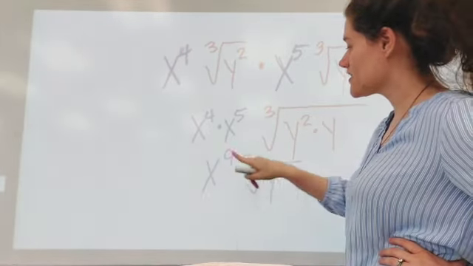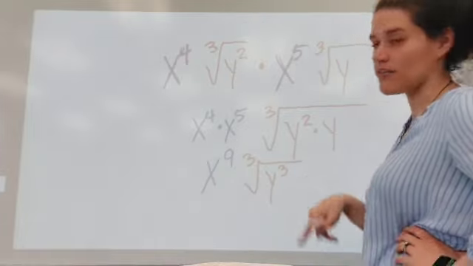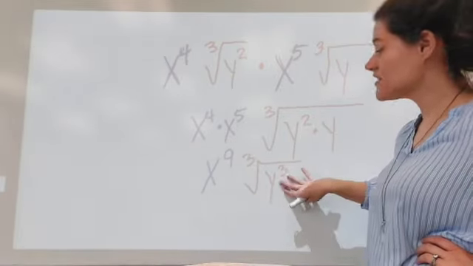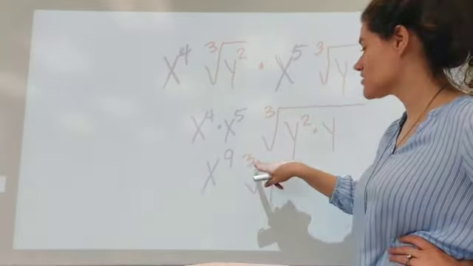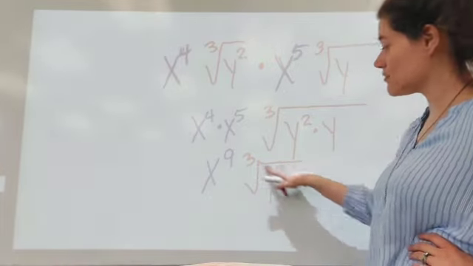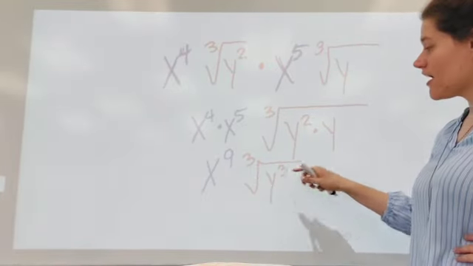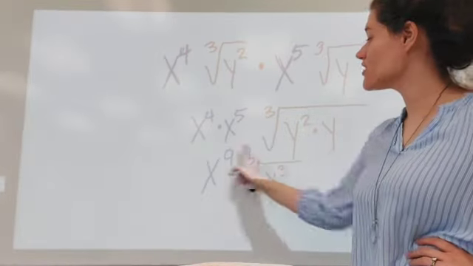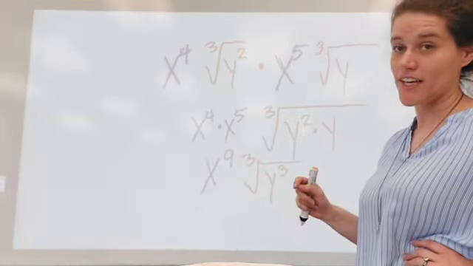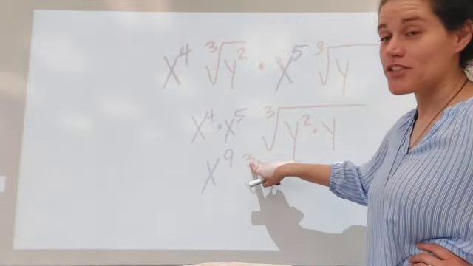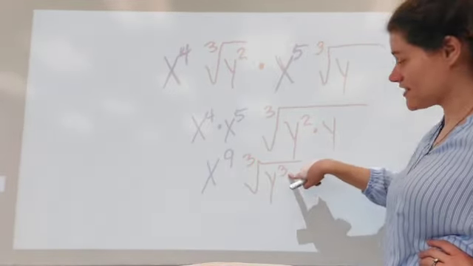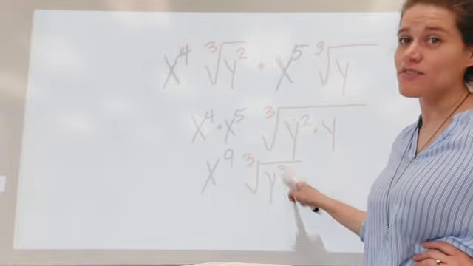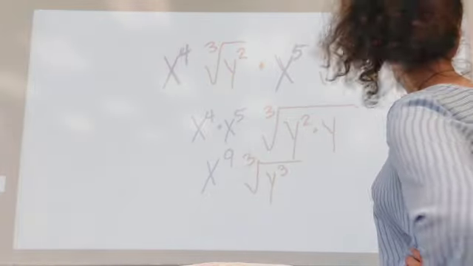So now I have x to the 9th cube root of y cubed, but this isn't done yet because actually I can still simplify this part here. If the number I got here wouldn't simplify any further, then this would be my final answer. But here I'm looking for groups of 3, and this tells me that I can have one group of 3.